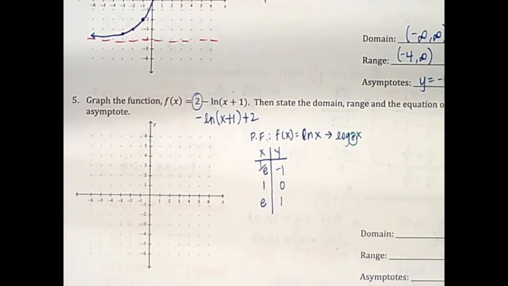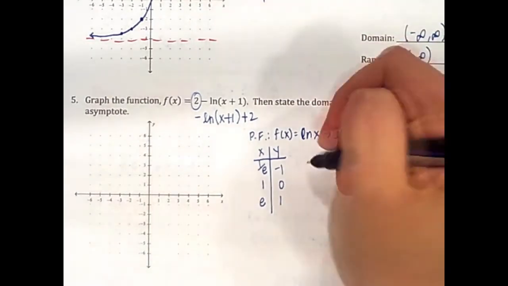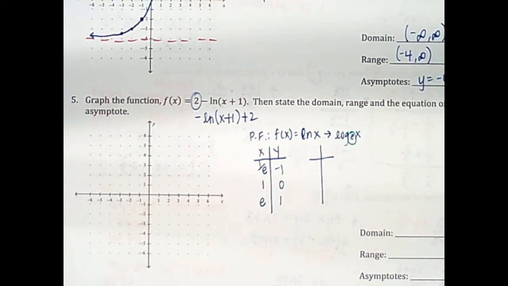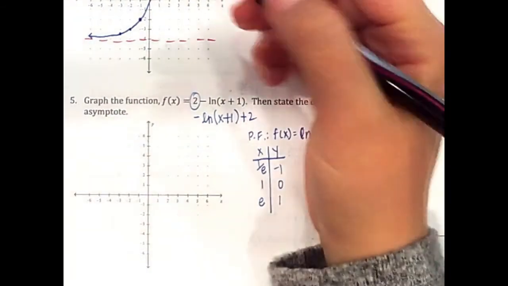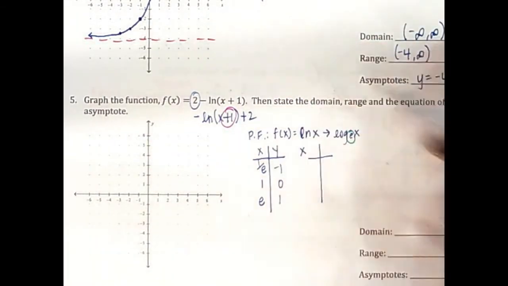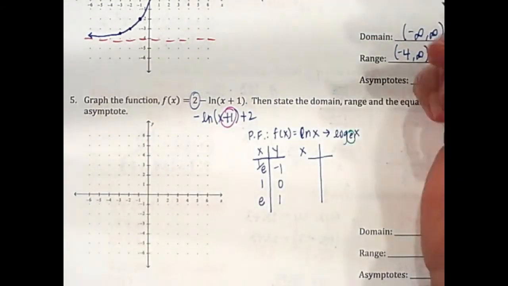Now on to our transformations. We have 3 different transformations here. So our first transformation is going to be this +1. That +1 is built into the ln, so it's ln of x plus 1. And that's within the function, so it's a change to our x value, which means opposite operation.